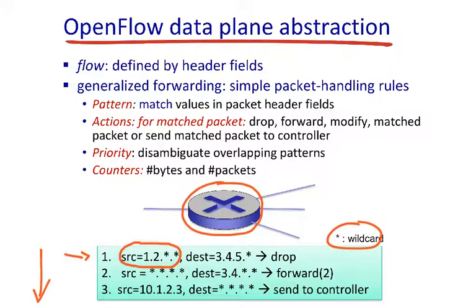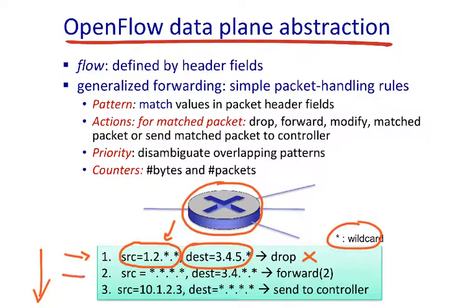The wildcard means, I don't care about the specific host that generated the packet, but the source network. If this packet was generated there and destined to any host in network 3, 4, 5, drop it. We are doing a kind of firewall. We are blocking incoming traffic.